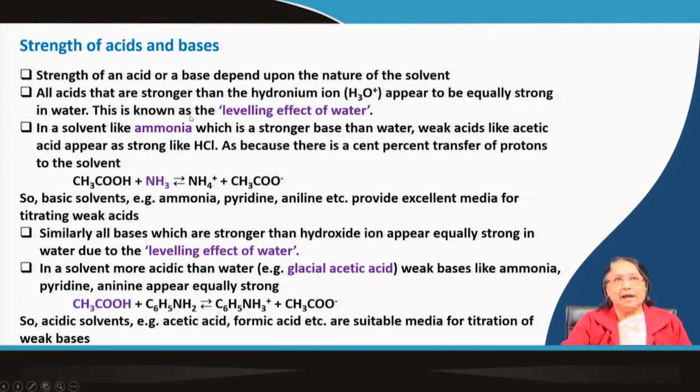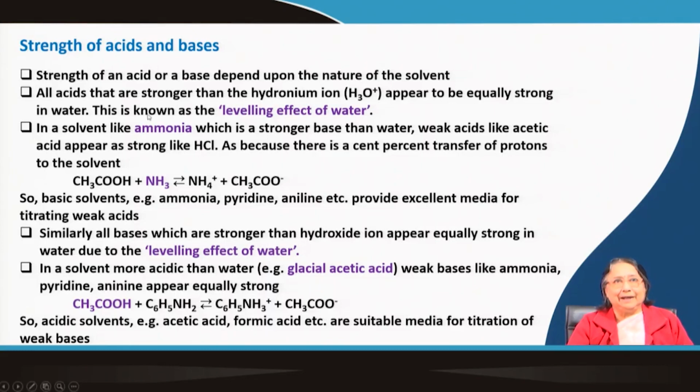In a solvent like ammonia, which is a stronger base than water, weak acids like acetic acid appear as strong as HCl. We know from the previous slide that acetic acid is a weak acid because it is a weak electrolyte and does not dissociate 100%.